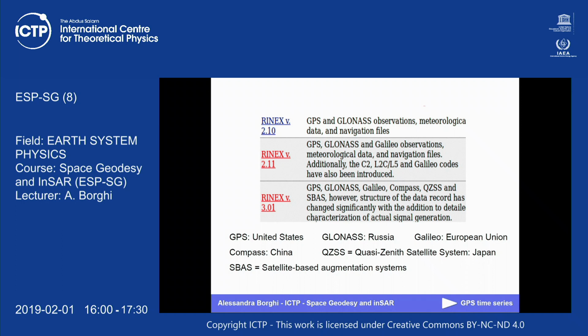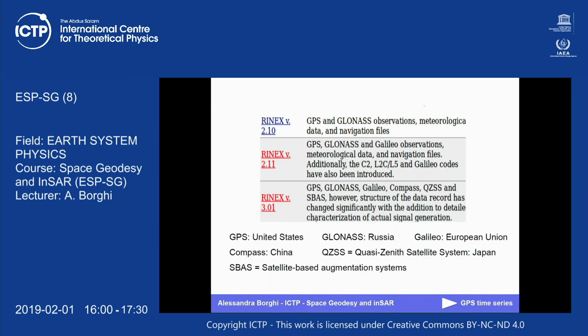Otherwise, there are differences between one system and another in terms of reference frame. So I think we need some time to really put them in the same reference frame, to be sure we are working in the same reference frame, from my point of view.